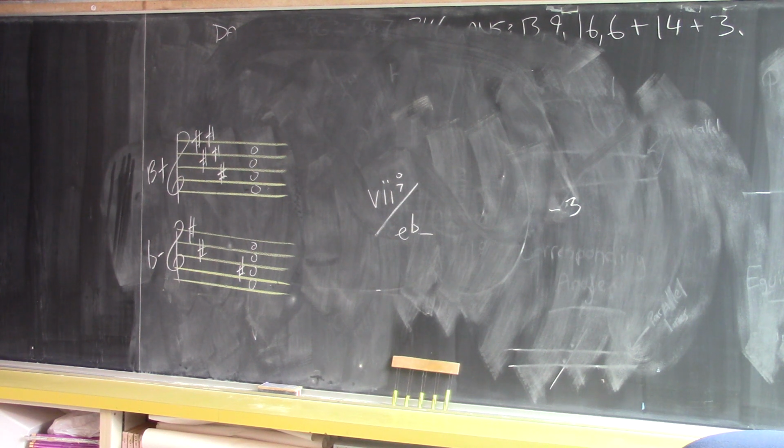Okay. Next one has C double sharp on the bottom, E sharp, G sharp, A. What do you got?